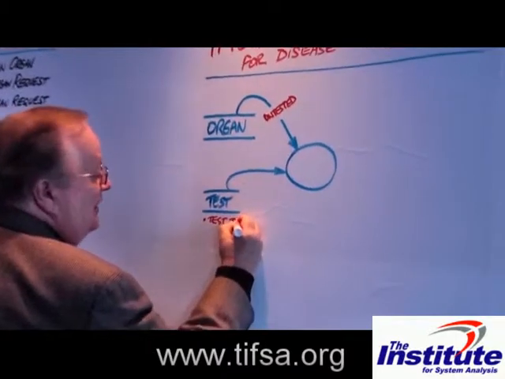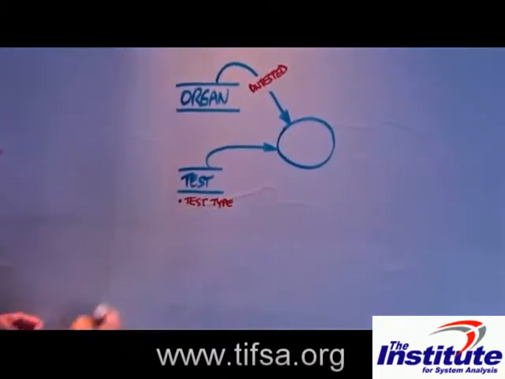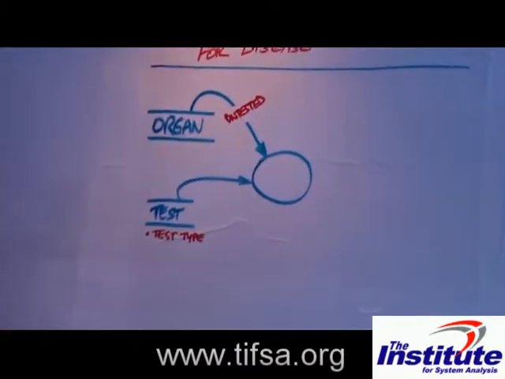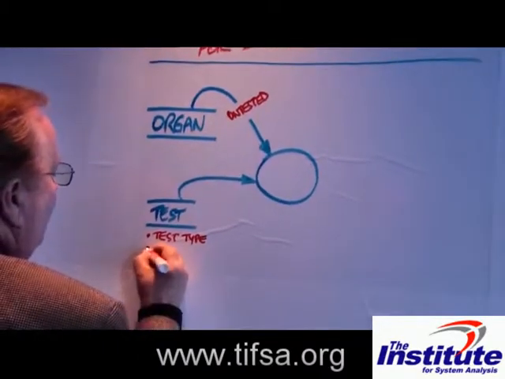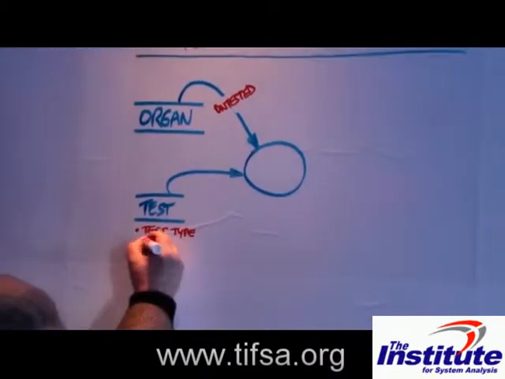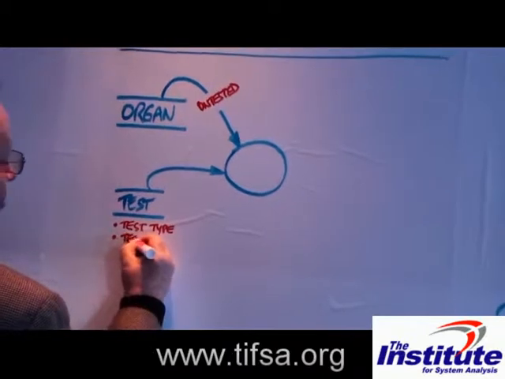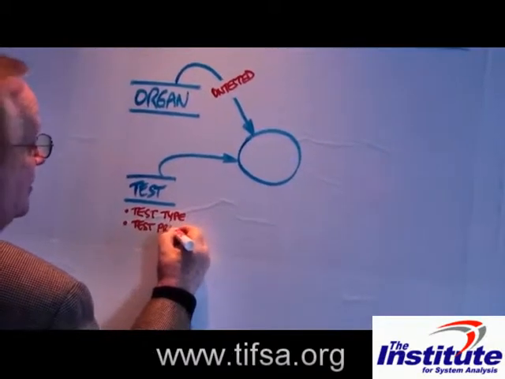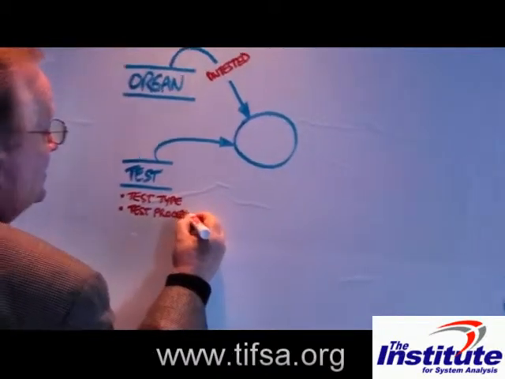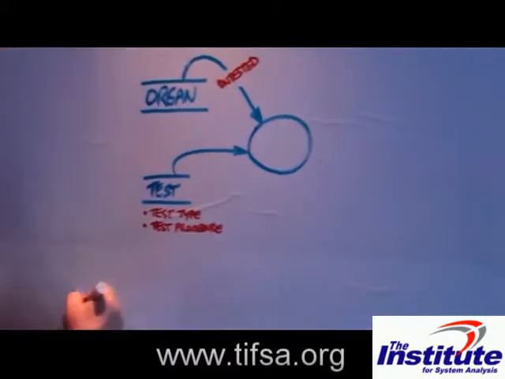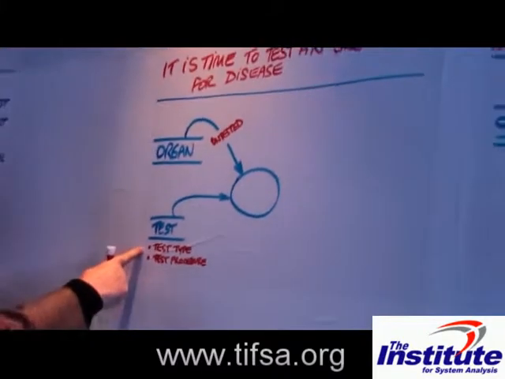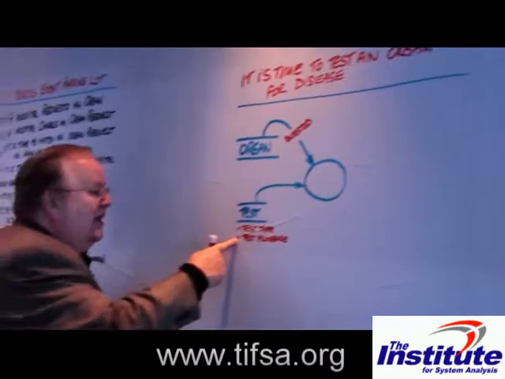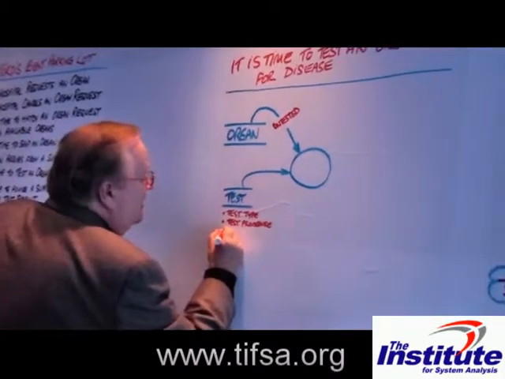identification in terms of the test type, of course. We have to be able to identify the test procedure for each specific test. So we might have a hepatitis C test. We'll have a procedure for that that's specific to the hep C test.